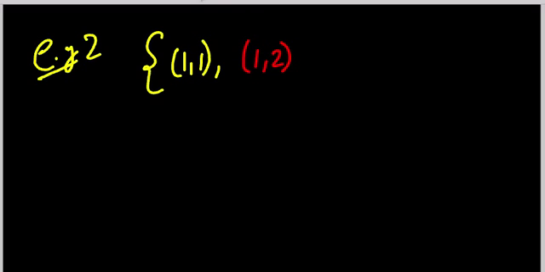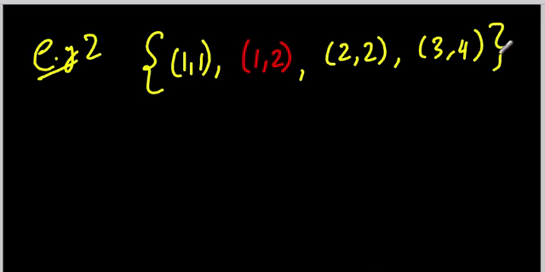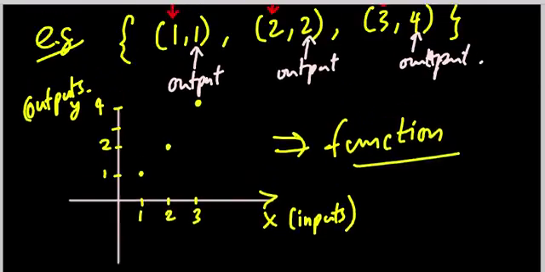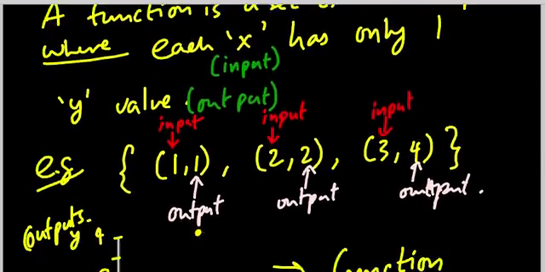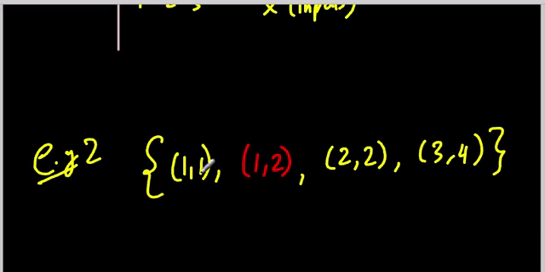That's the new pair I just added. Then I have (2, 2) and (3, 4). The only difference from the old set, which had three pairs, (1, 1), (2, 2), and (3, 4), is that this new set has one additional point, which is (1, 2).